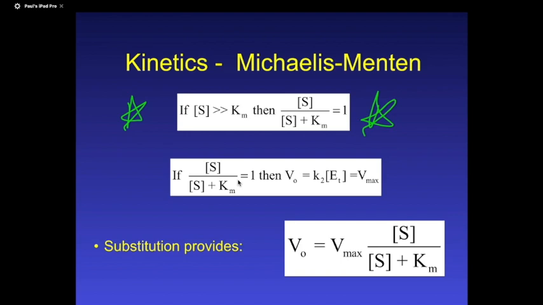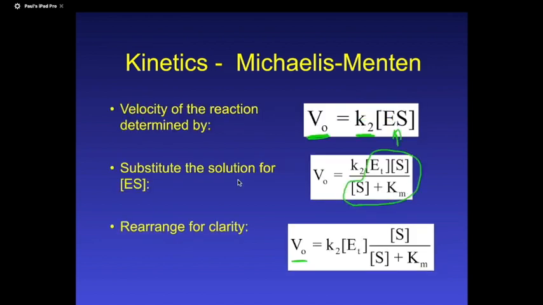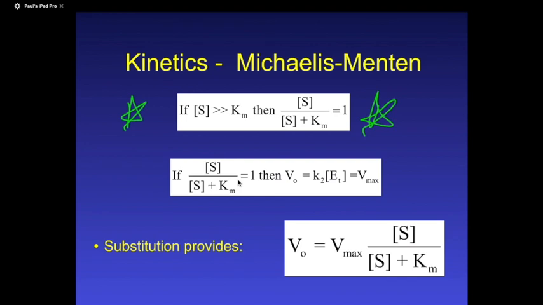If I go back to my equation, if that becomes 1, then the velocity is only dependent upon K2 times how much enzyme is there. We're going to define that as being Vmax.